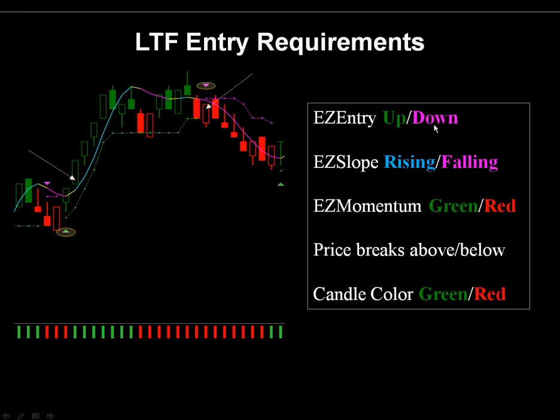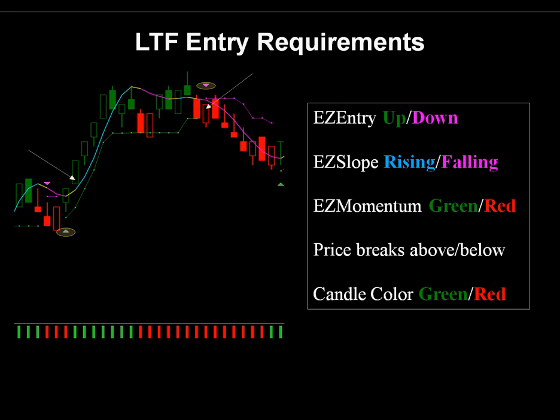A quick recap on the lower time frame entry requirements. We will have the EC entry up and down triangle. We will have the EC slope rising or falling. The EC momentum on panel 2, which is here, has to be green or red. And price breaks above or below the EC slope.